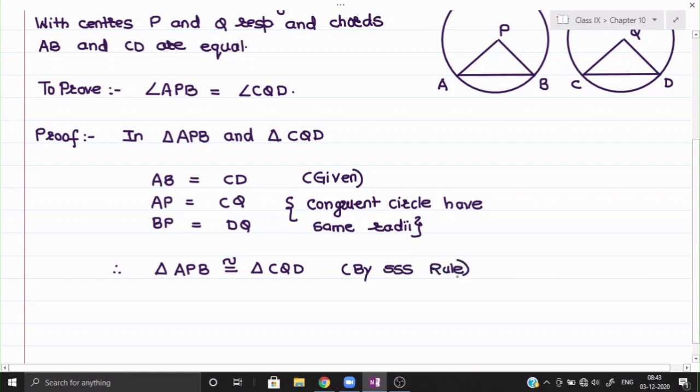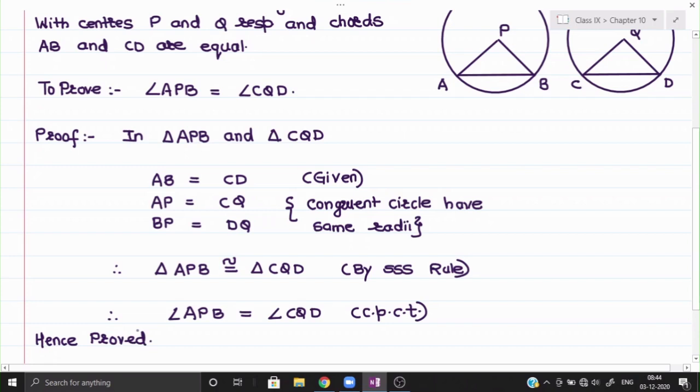And if two triangles are congruent, their corresponding parts are also equal. So angle APB is equal to angle CQD, that is with the help of CPCT again. That was only required to be proved in the question. This completes the first question of exercise 10.2.